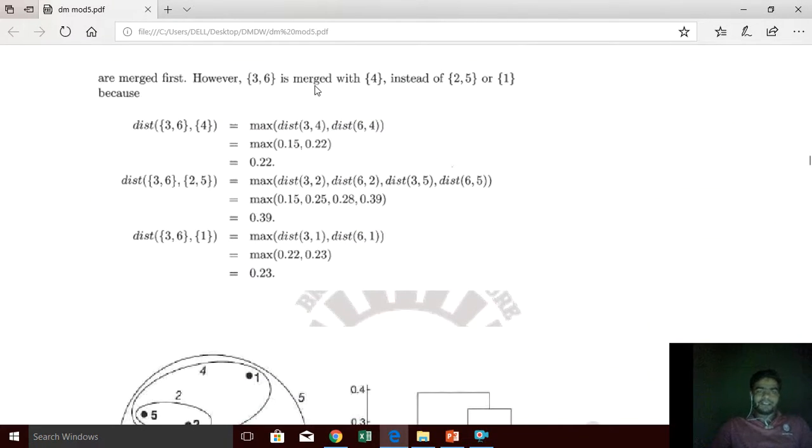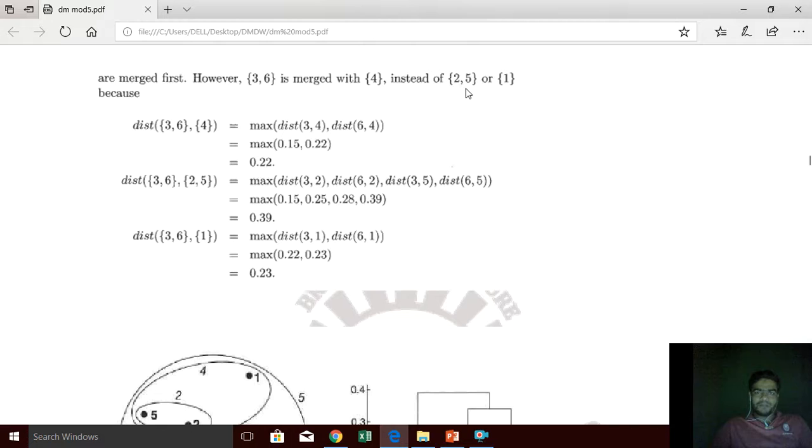So {3,6} is merged with 4 instead of {2,5} or 1 because, now calculate the distance. Distance of {3,6} and 4: the maximum of distance 3,4 and distance 6,4, applying the Euclidean distance formula. The values are 0.15 and 0.22, so the maximum is 0.22.